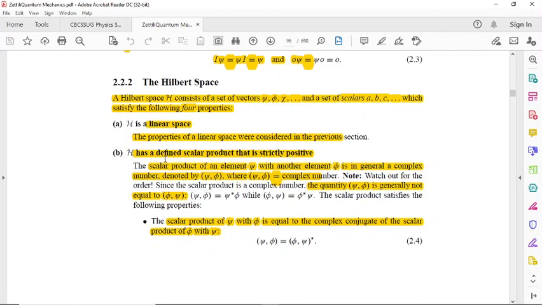The scalar product of an element psi with another element phi is in general a complex number denoted by this inner product ⟨psi|phi⟩, where ⟨psi|phi⟩ is a complex number.